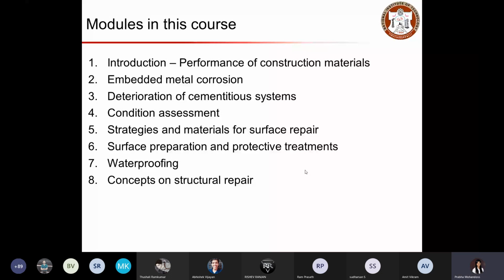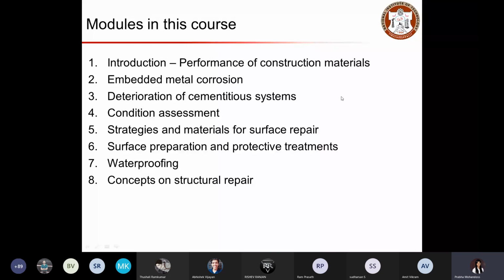So I will not be touching those things in detail, but just to recollect, and as an extension, I'll add a few application-related things which give you an idea about cementitious systems, the importance of construction materials, and the reinforcement that we use in concrete, and how that plays a role in enhancing the performance of the structure.